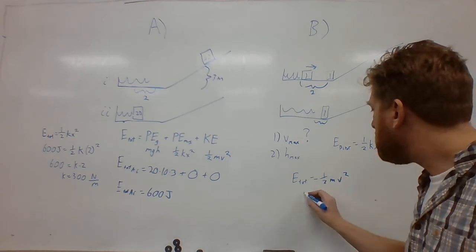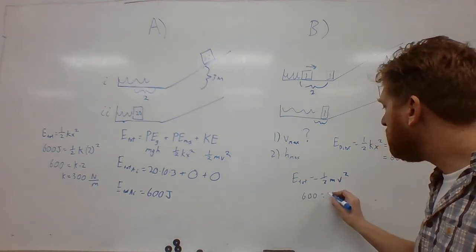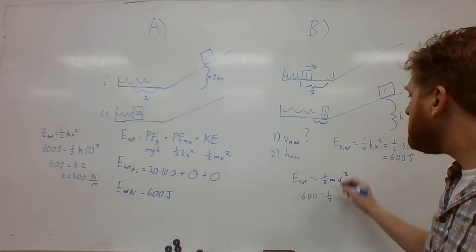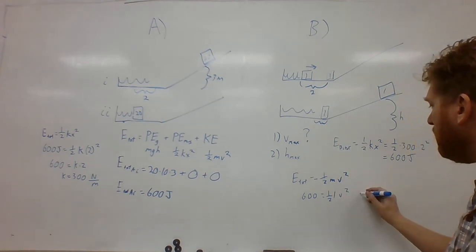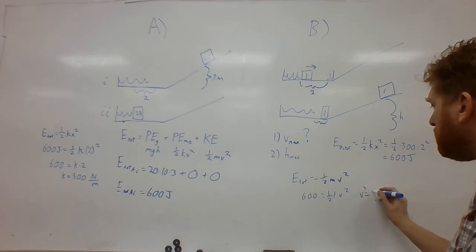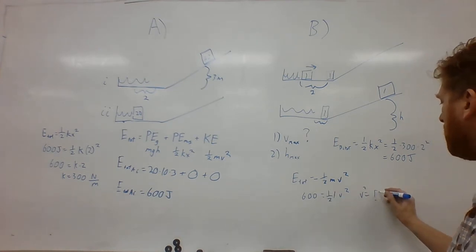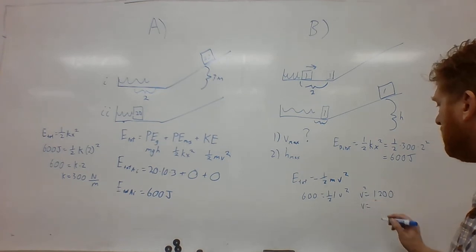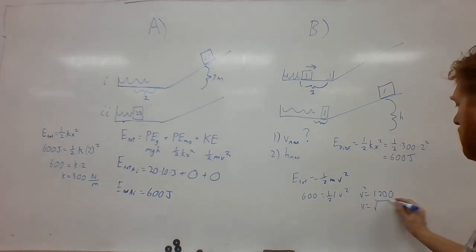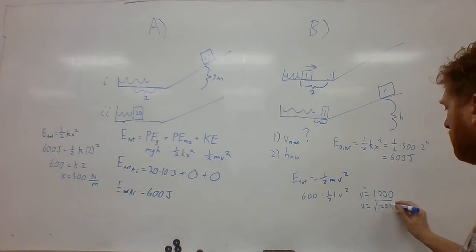So we're going to solve for this equation. 600 joules equals 1/2, mass is 1, and we're solving for the velocity. So the velocity squared is equal to 1200. Velocity is just going to be the square root of 1200.